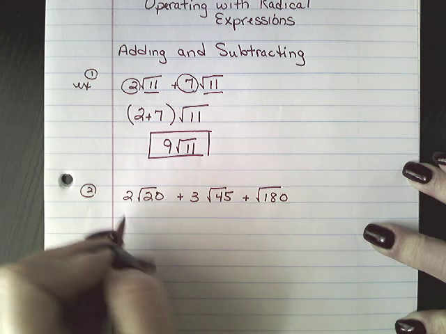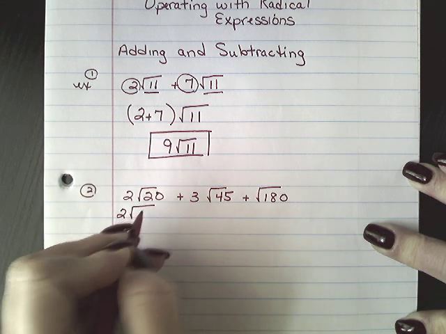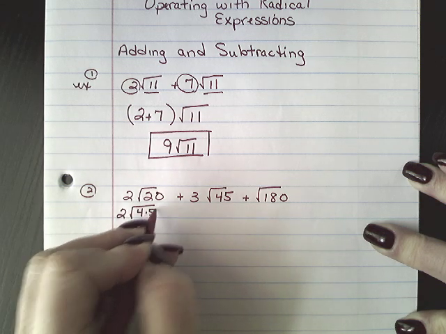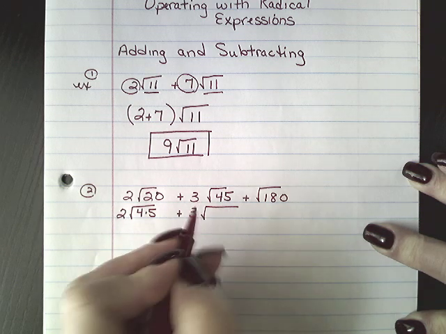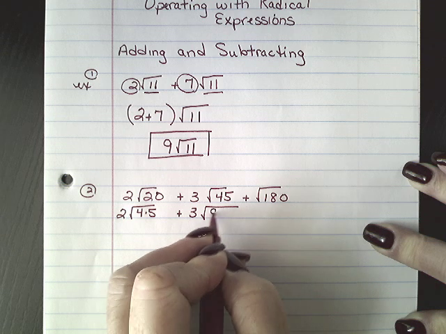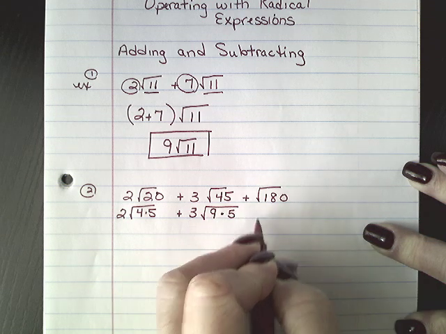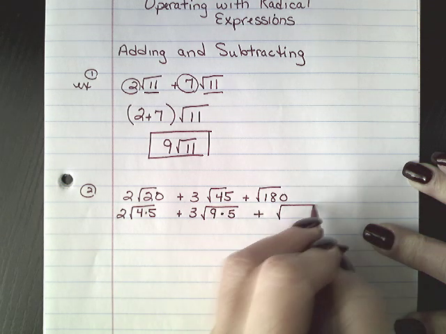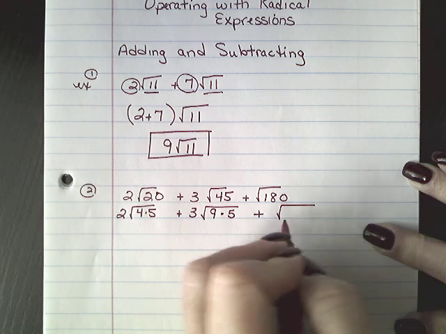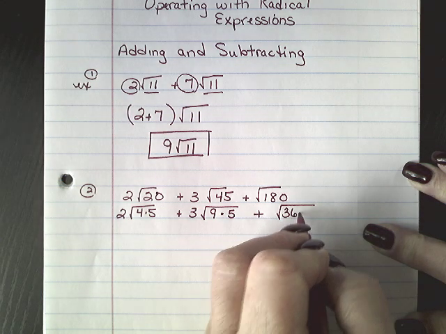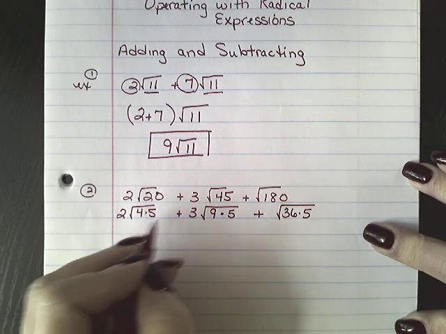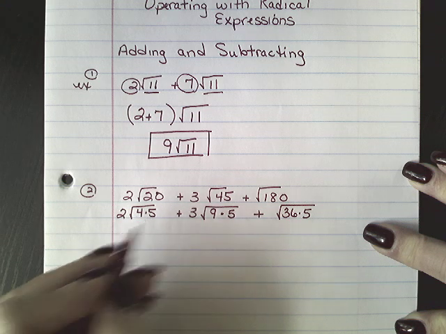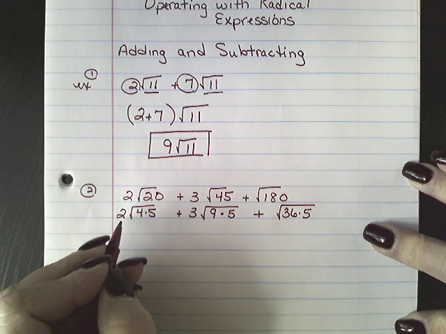So if I take 2, and I know this would be 4 times 5, plus 3, and 45 could be 9 times 5, and the square root of 180 broken down to give me a perfect square would be 36 times 5. So as we learned in the previous lesson, whenever you take a number from a square root, you will multiply it by that number in front.